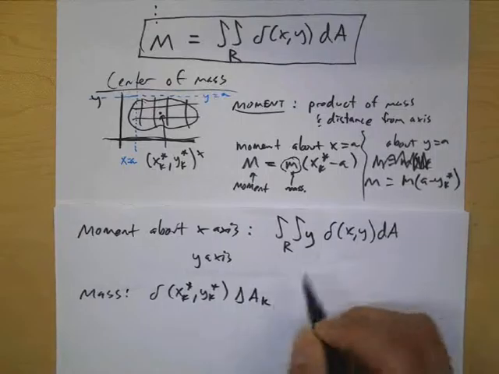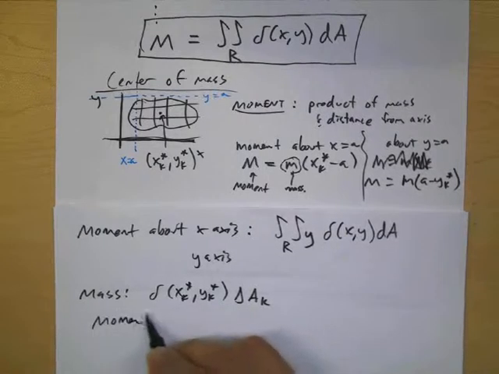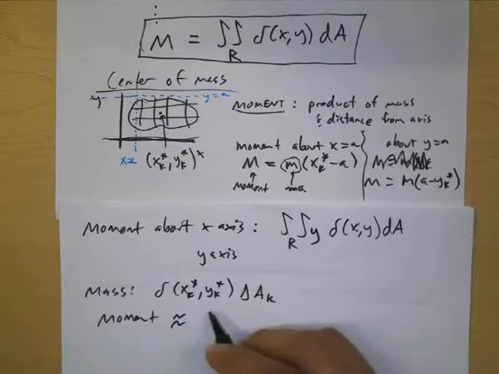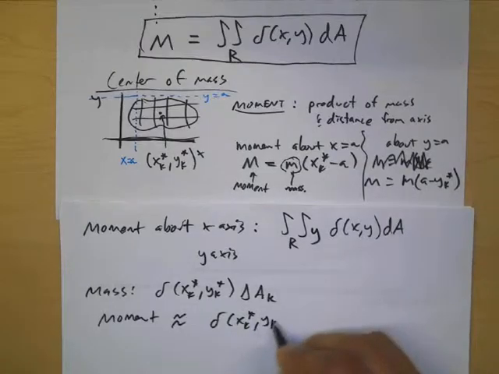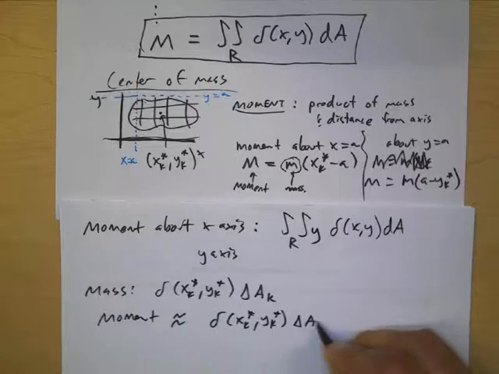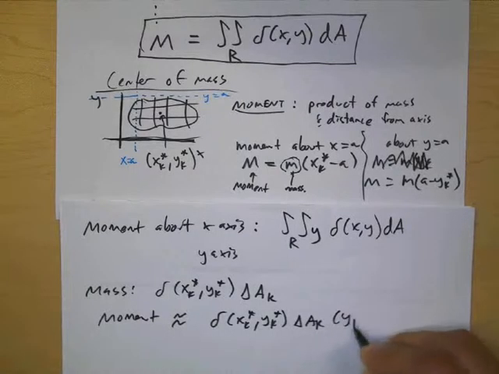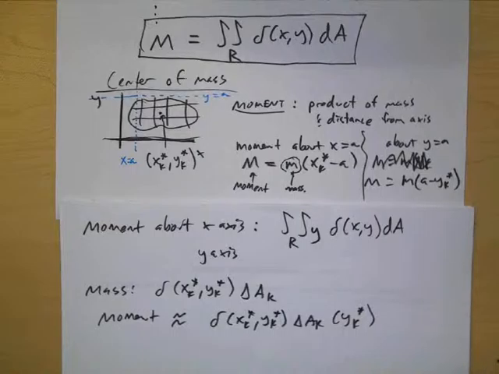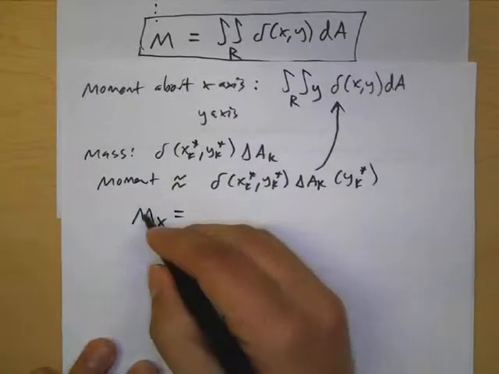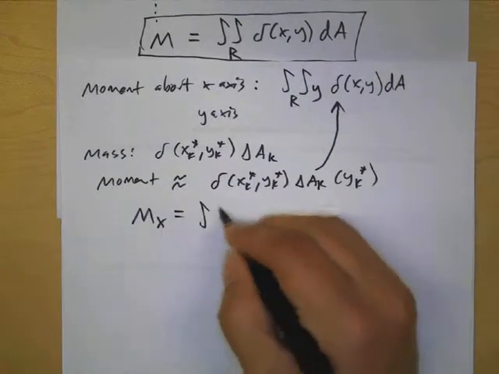So then the moment is going to be approximately delta of x sub k star, y sub k star, delta A sub k, and now multiply that with y sub k star. So then when we translate it, that's what we get for moment. Okay, so this, let me rewrite that, would be the notation for the moment about the x-axis.